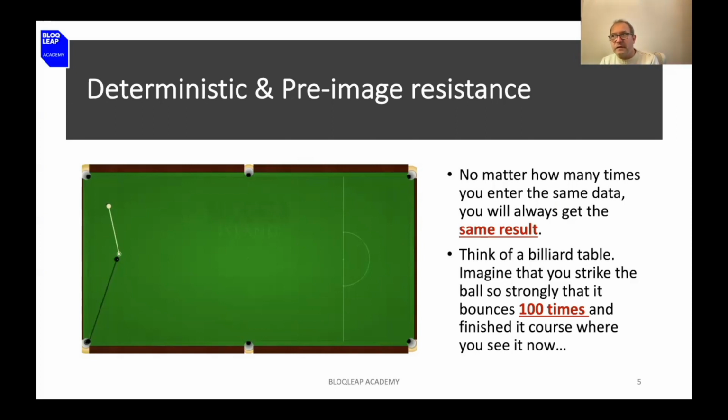This is important because with the same data, you will always have the same result. But you can't go back and find out what this original data is. So in order to find it, you need this pair, these keys, all right? Very important.